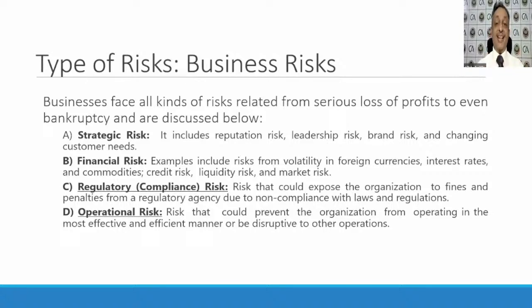Compliance risk, regulatory risk, risk that could expose the organization to fines and penalties from a regulatory agency due to non-compliance with laws and regulation. Again, ours is a king subject. On point number C, which auditing standard you recall? Because few of you said that you have read auditing and you have gone through articleship.